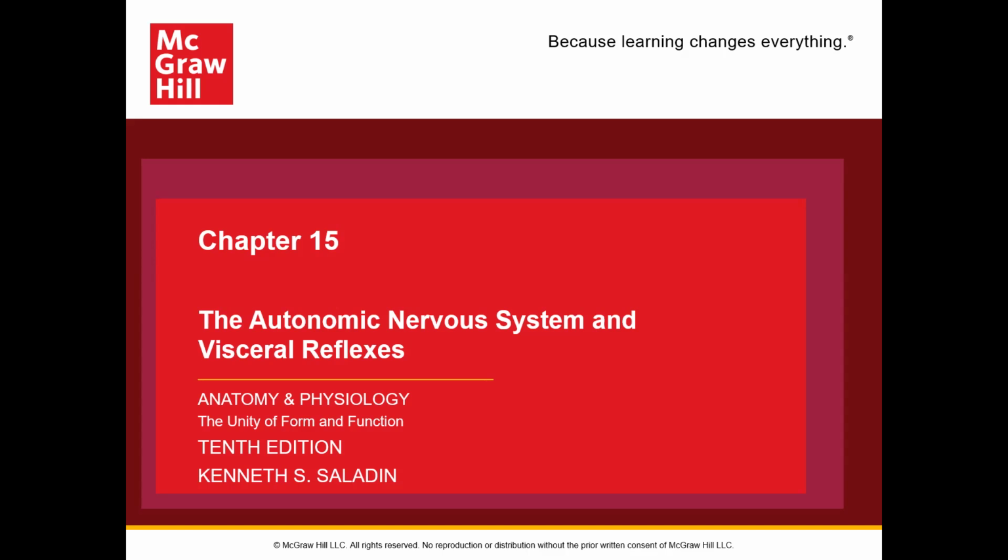Input, somatic, sensory, afferent, that is one system. Visceral input, sensory, afferent, only one system. Motor, somatic, one system. Visceral output, motor, that's two systems. The sympathetic, that's the first one. And number two, the parasympathetic.